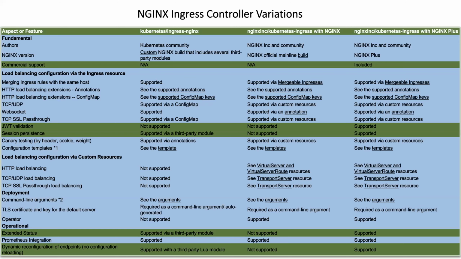After the feature column, the second column is the Kubernetes managed one, and the next two are managed by NGINX. One is the open source edition, the other is the commercial edition. We support a lot, but for advanced use cases, for example JWT validation or session persistence, you have to go with the commercial edition. For simple routing, you can use our NGINX Ingress controller, which is also available as open source along with our NGINX Service Mesh.